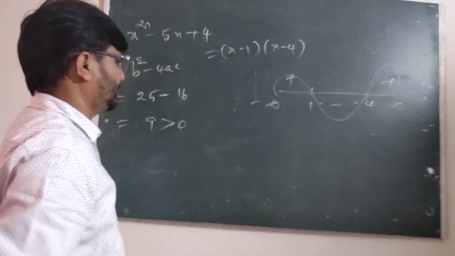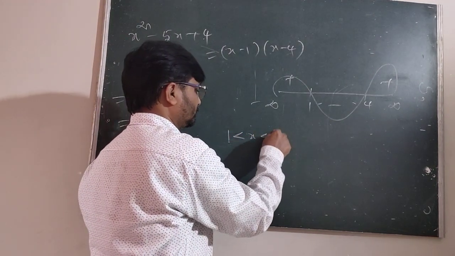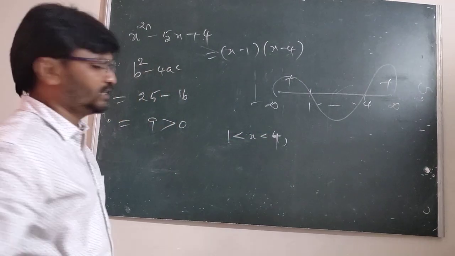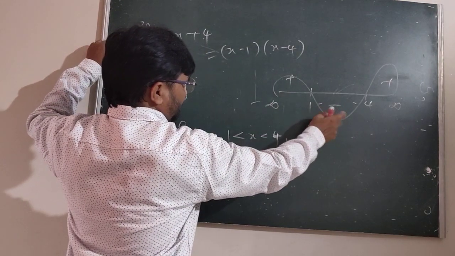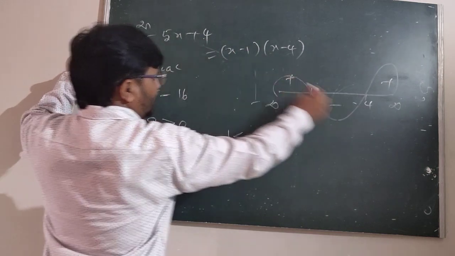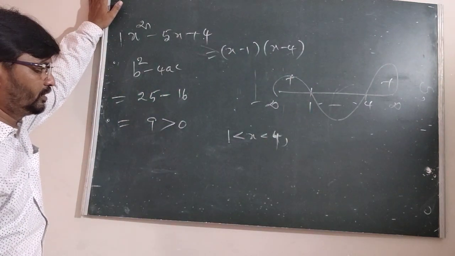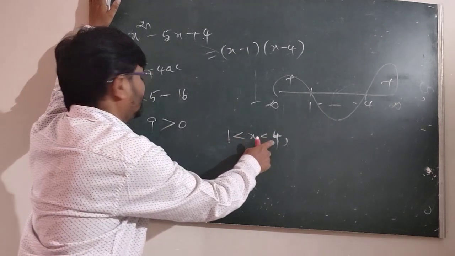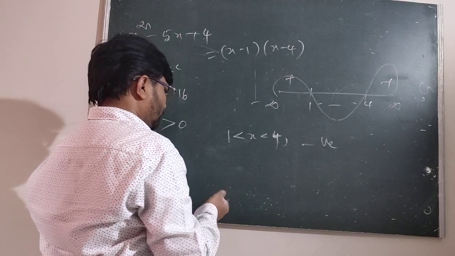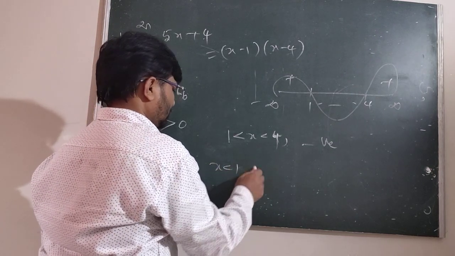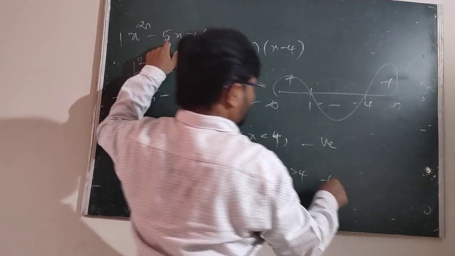Therefore, if 1 less than x less than 4, the expression is negative. If x less than 1 or x greater than 4, the expression is positive.